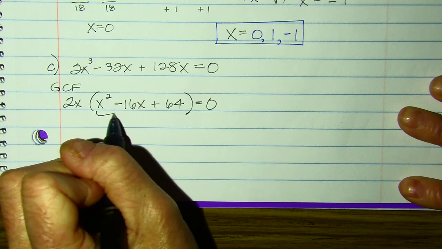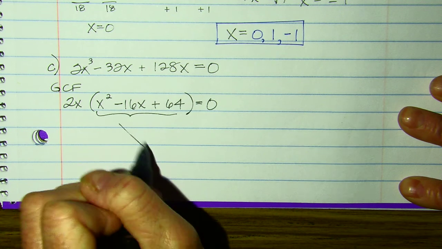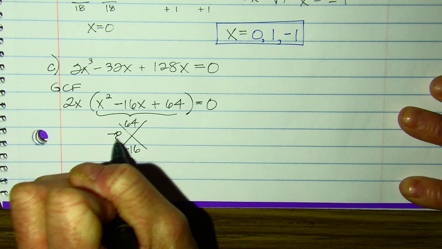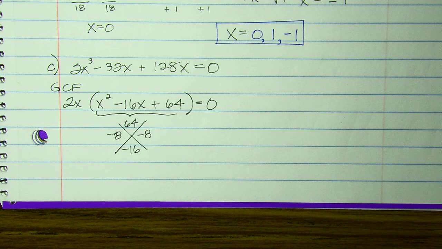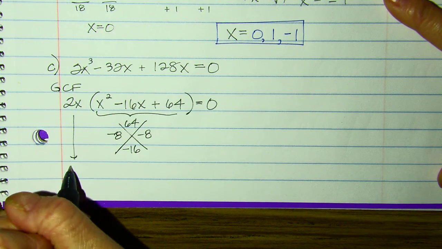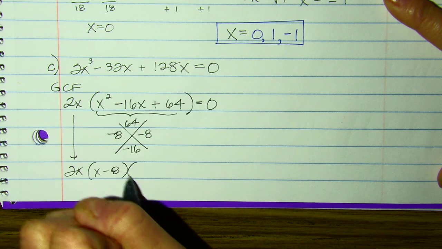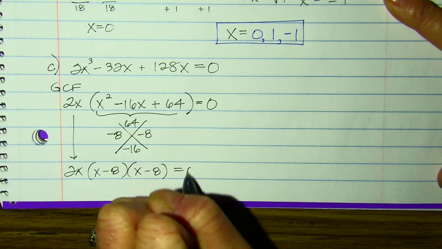Now I'm going to factor this. 64 and negative 16 would give me negative 8 and negative 8, because their product is the positive 64 and their sum is the negative 16. So I'm going to bring down my GCF and then I'm going to write my 2 factors, and this equals 0.